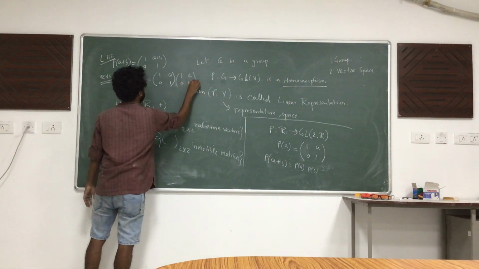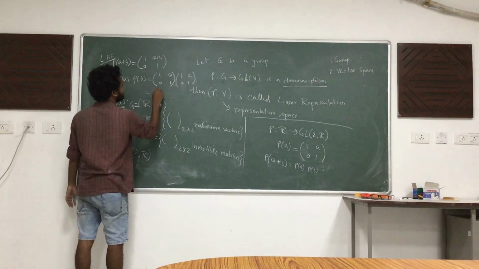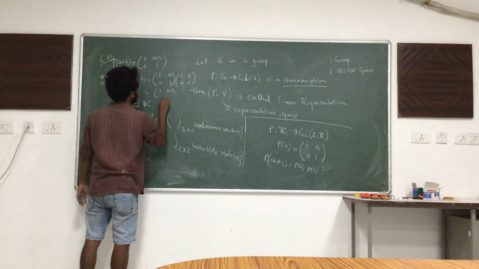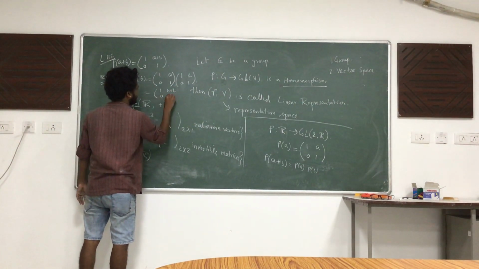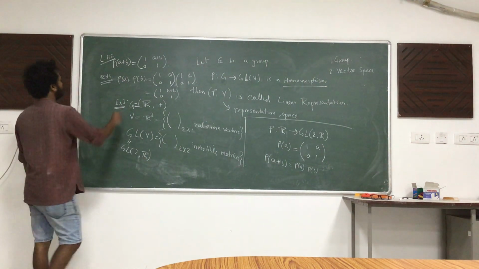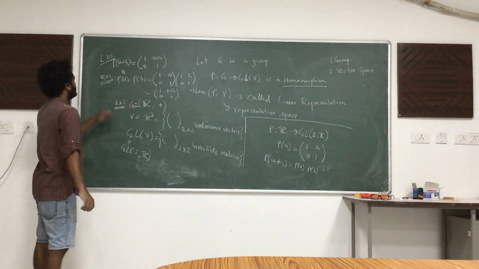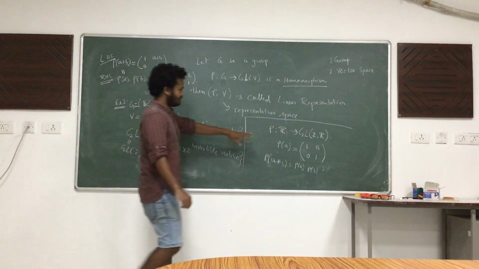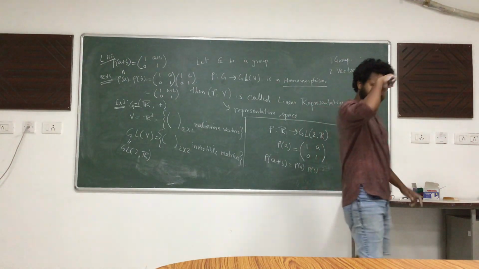Then we can say that rho is a homomorphism from R to GL2R.